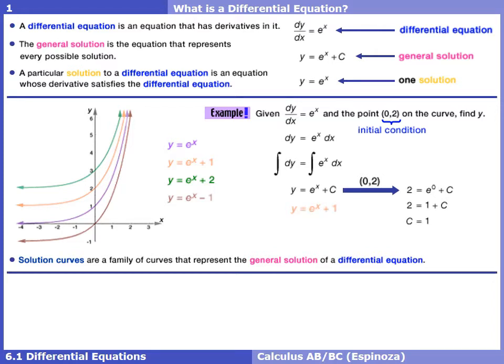So our particular solution in this case is e to the x plus 1. So it happens to be that graph second from the top. That particular solution, again, is only good, so to speak, for that one initial condition of (0, 2). As soon as we use another point, it would be a different particular solution.